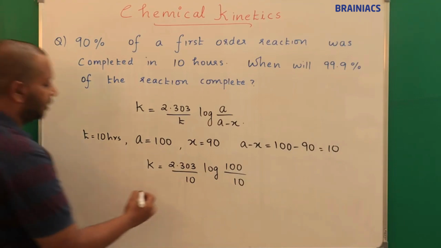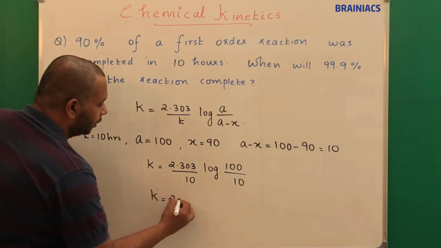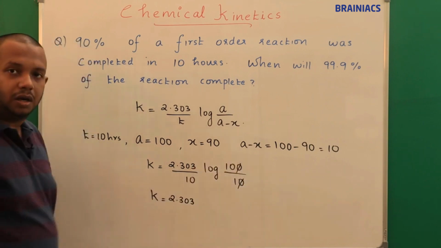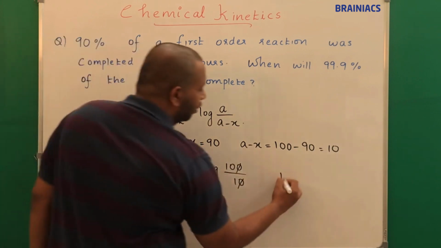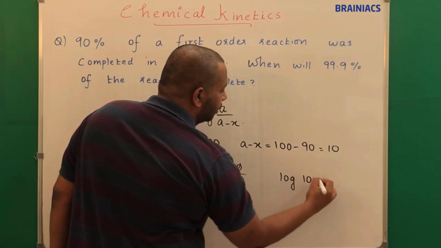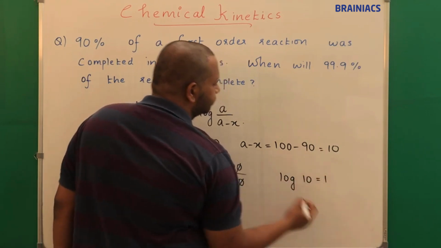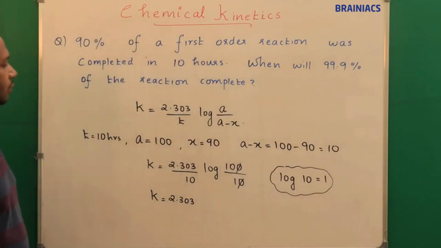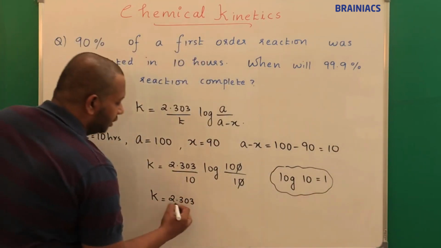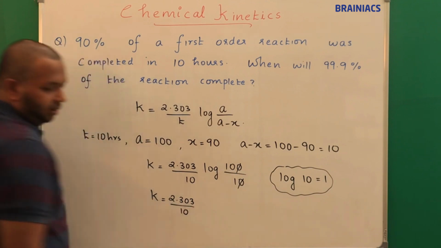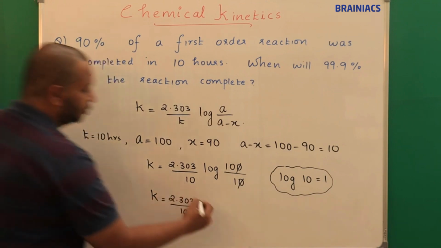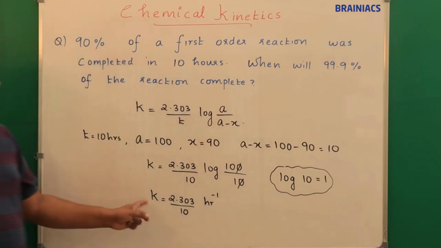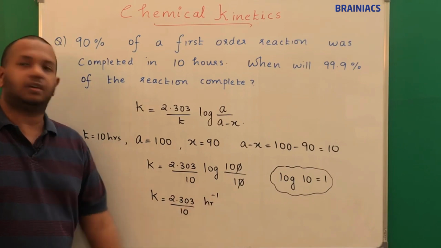So if you do this, k is equal to 2.303 by 10, log 10 is 1. This is the rate constant, hour raised to minus 1, since it is in hours. We know the units of rate constant.